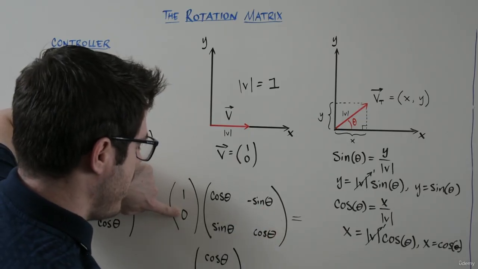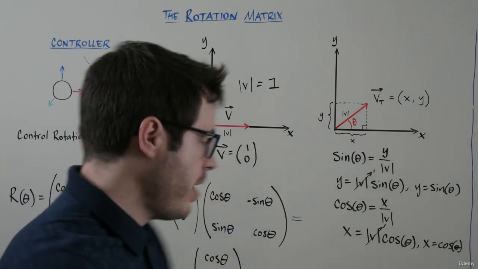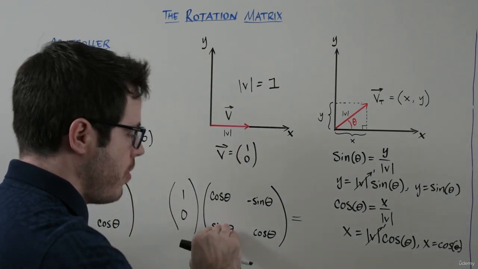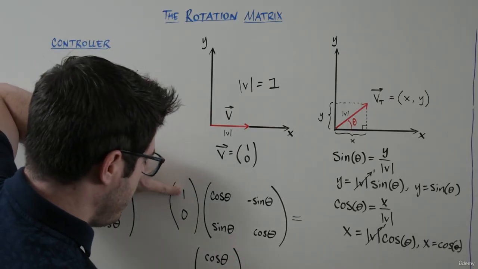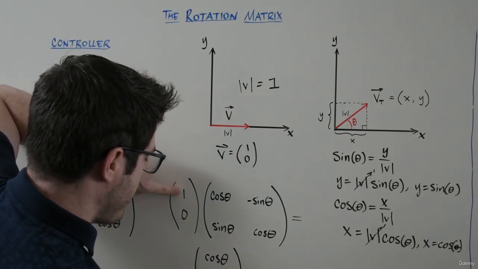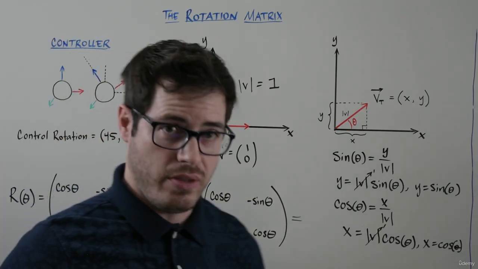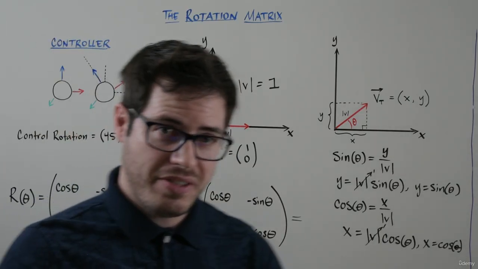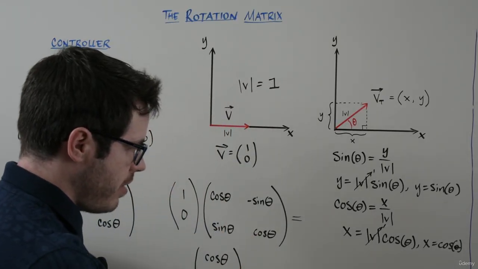So that's the first element of our result. Then we take the vector and we take this dot product with the second row of the matrix. So we take 1 times sine theta, which is sine theta, plus 0 times cosine theta, which is 0. And the result of multiplying this vector by the rotation matrix gives us this vector.